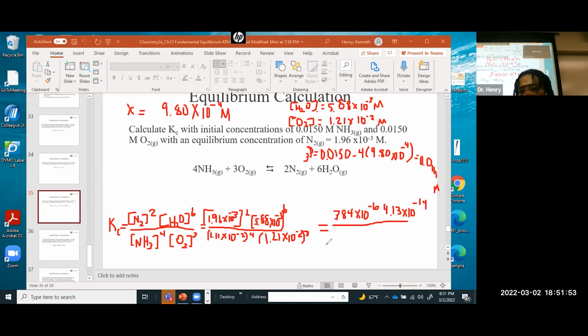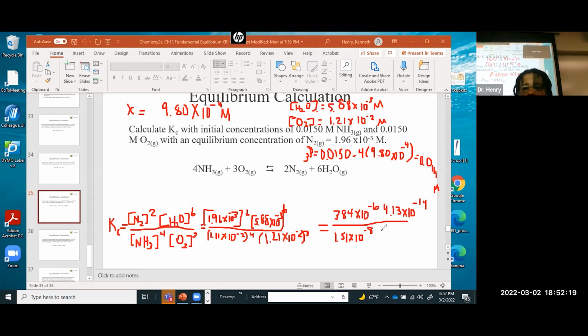So then we get 1.51 times 10 to the minus 8 power.